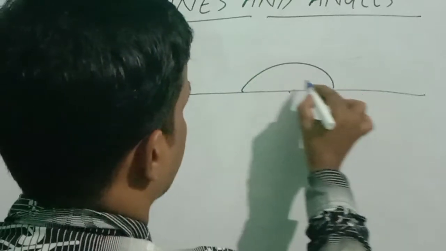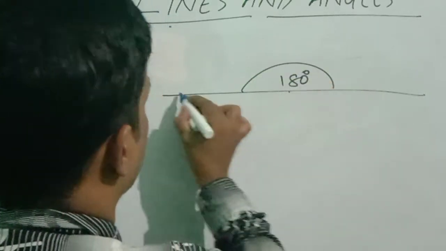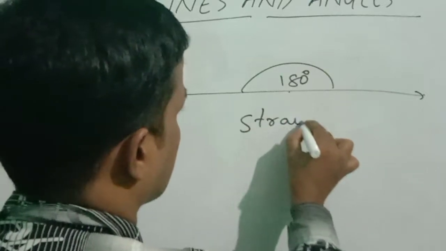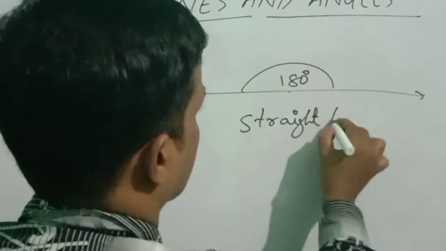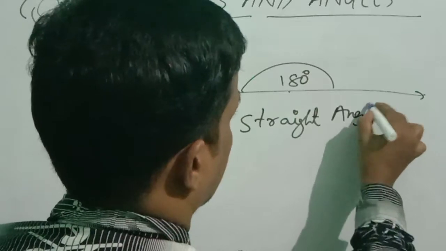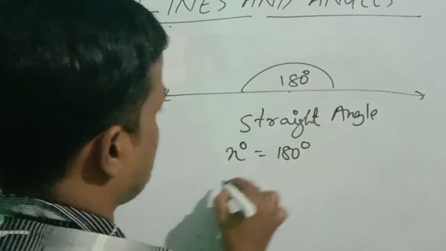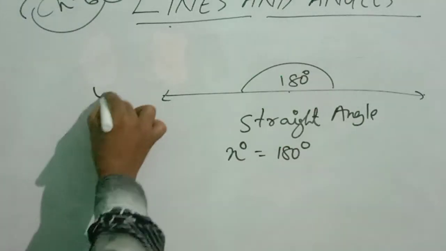Suppose this angle is 180 degrees, then this is called a straight angle. In this case, x is equal to 180. This is the number four type of angle.